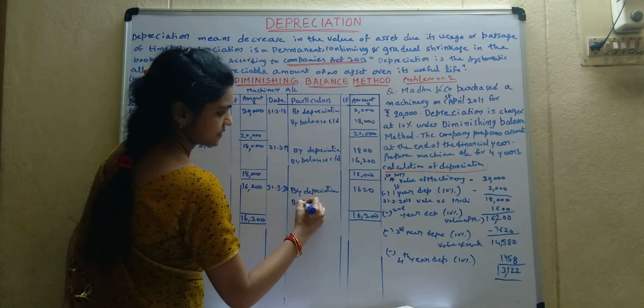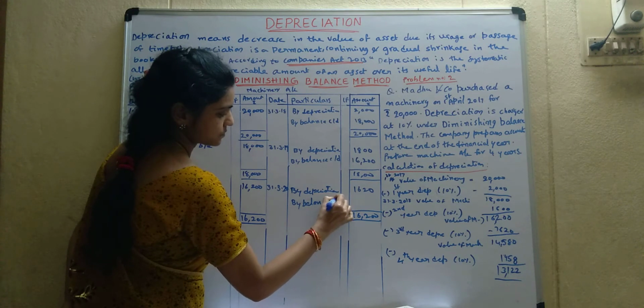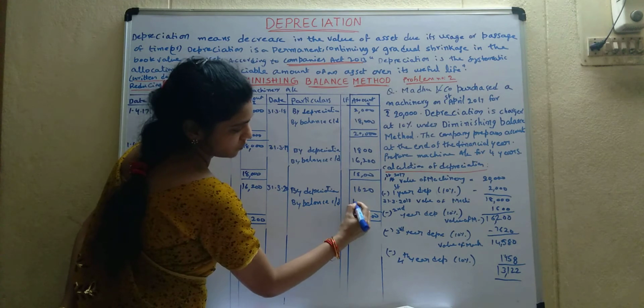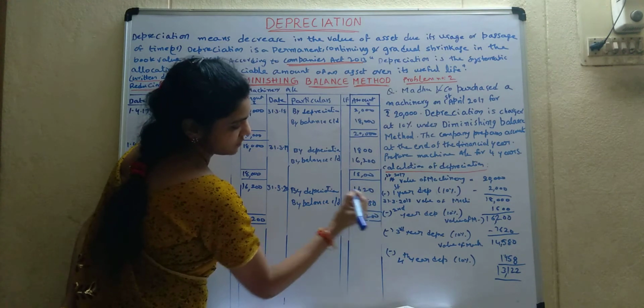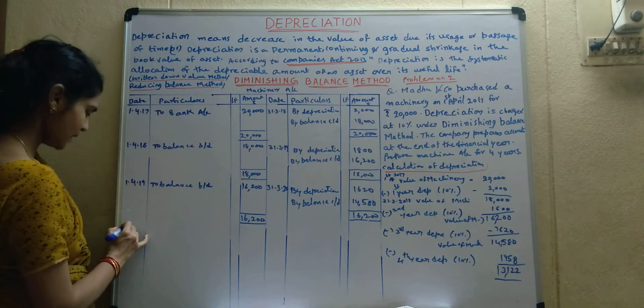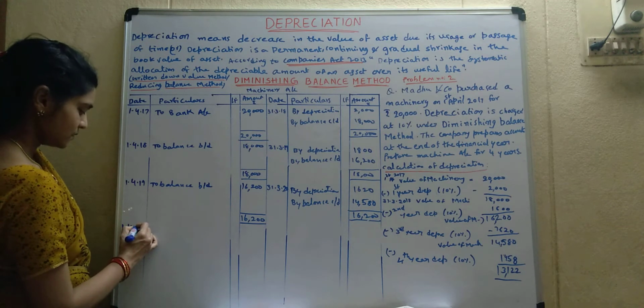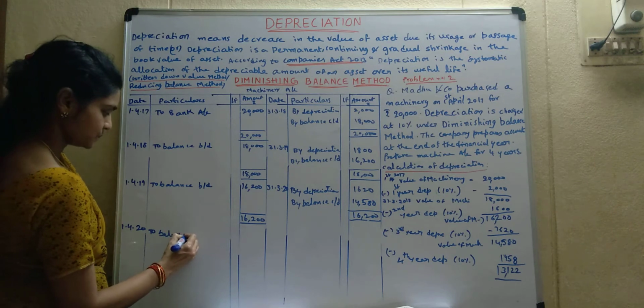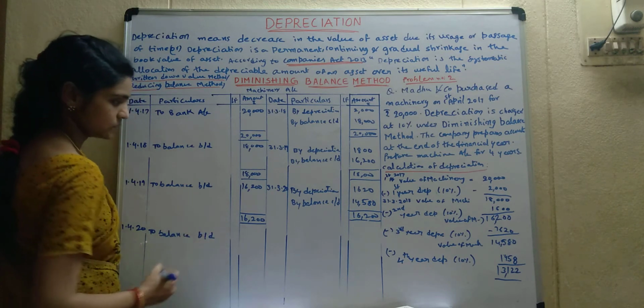By balance carried down, what's the amount? 14,580. Again, to balance brought down, that is on 1/4/20, to balance brought down 14,580.